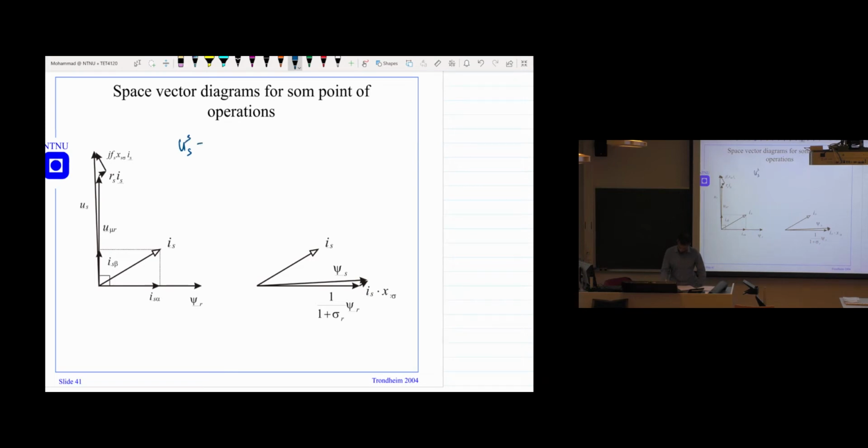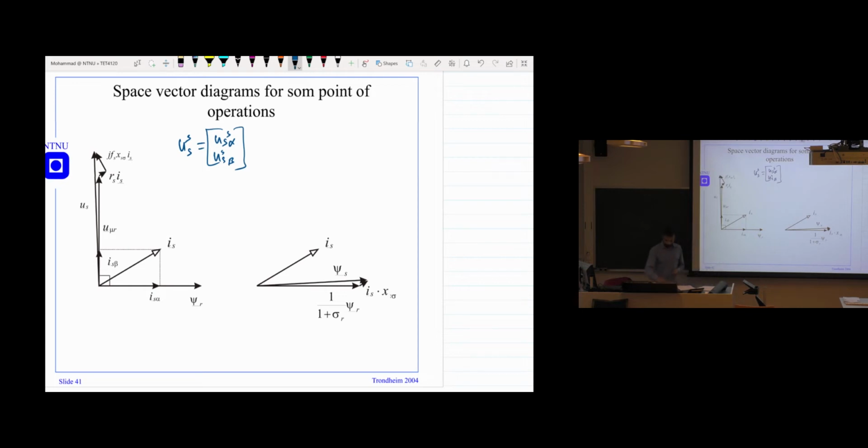Maybe in the stator oriented system, we can write them as alpha S and beta S as a stator coordinate. So we can write them as a coordinate vector like this in the matrix, and we can do all the calculation and everything in the matrix form.